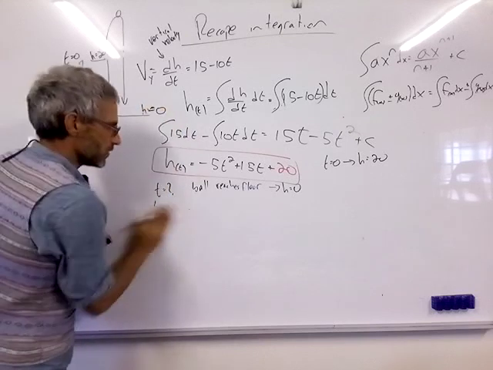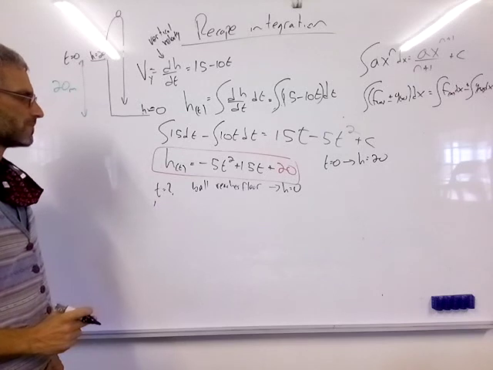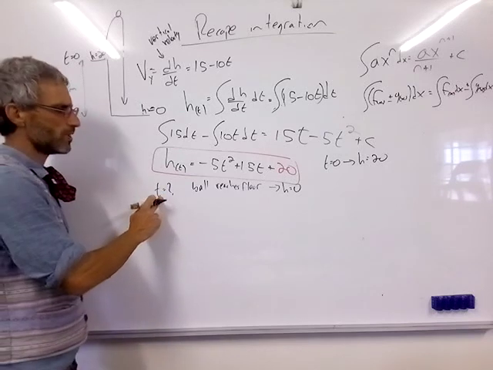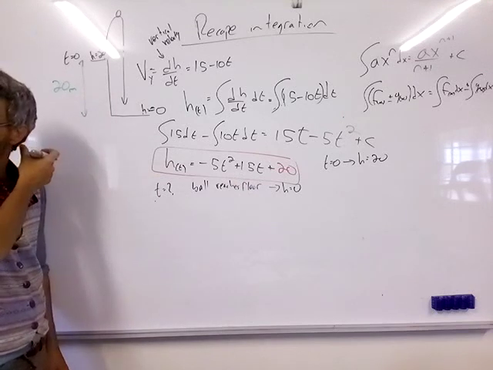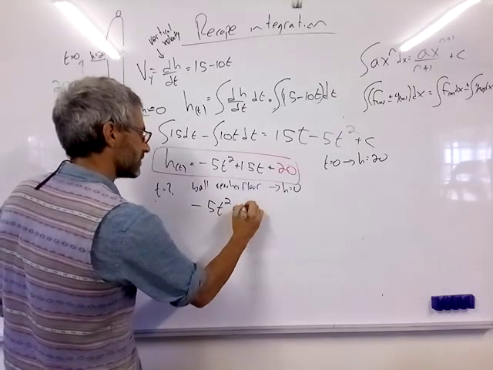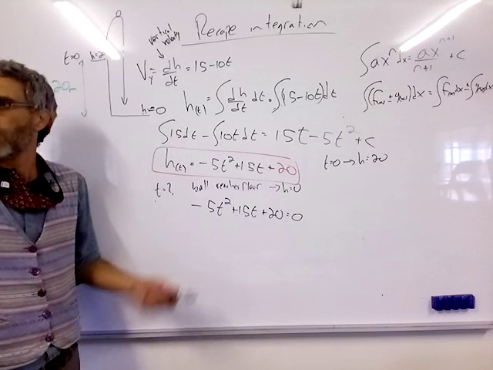Okay. So now how am I going to solve that? What t would give me h equals 0? What do I need to do? Make the equation equal to 0. Correct. So minus 5t squared plus 15t plus 20 equals 0. And that's a quadratic equation.